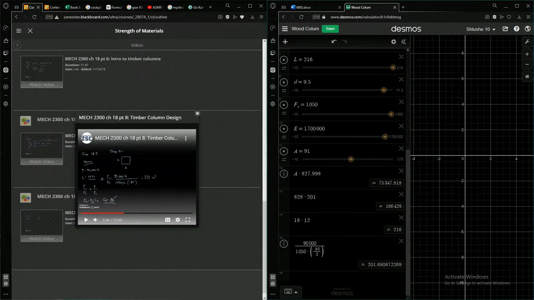25. We need a square or rectangle, 2-inch nominal increments, of course. Pin connected southern pine. We change the wood, so write down southern pine. The column length is, how is it braced? Pin connected. It literally says pin connected.